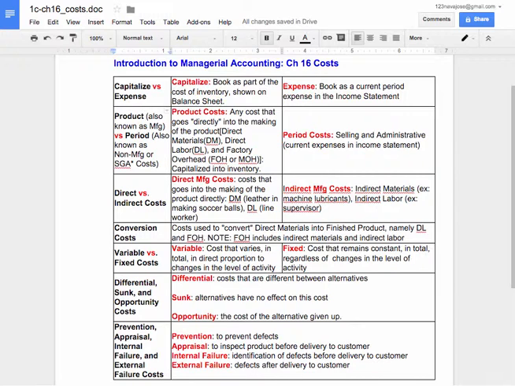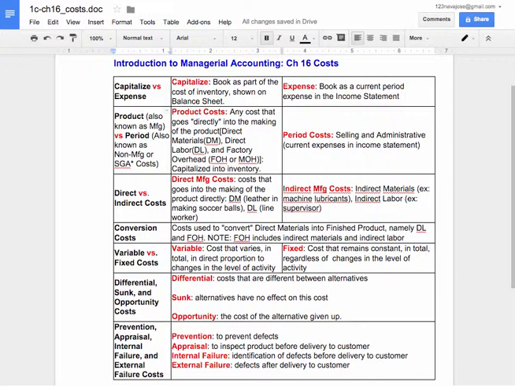So direct labor and all the indirect stuff that goes into making the product, those are conversion costs. Direct materials and direct labor on their own, that category would be called prime costs. Now, with respect to overhead, that category would include, as I said before, anything that is actually not direct materials and not direct labor. So it includes indirect materials and indirect labor plus everything else. So keep that in mind.